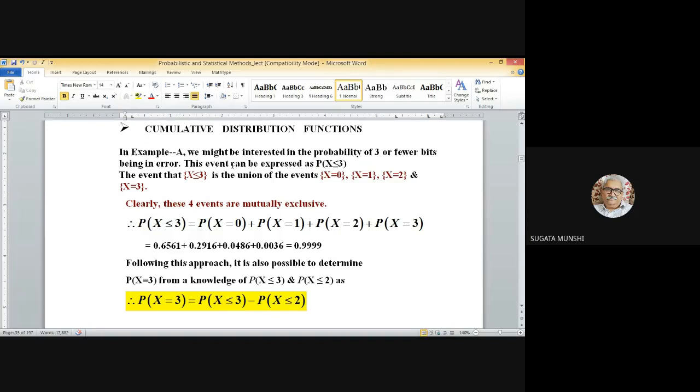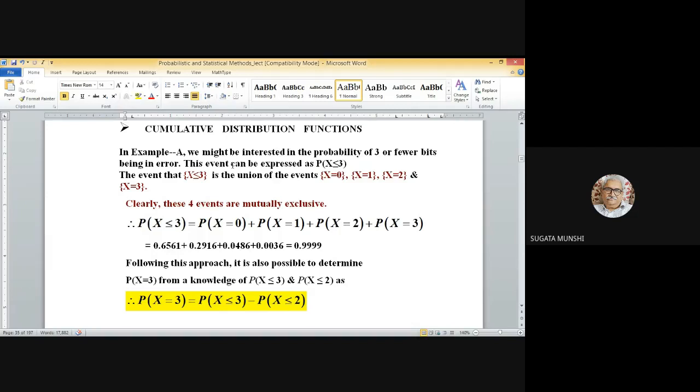In this sense, if you subtract probability of x less than equal to 2 from probability of x less than equal to 3, that will give you the value of probability of x equal to 3. Because probability of x less than equal to 2 is probability of x equal to 0, plus x equal to 1, plus x equal to 2, and probability of x less than equal to 3 is the sum of all these 4 probabilities.